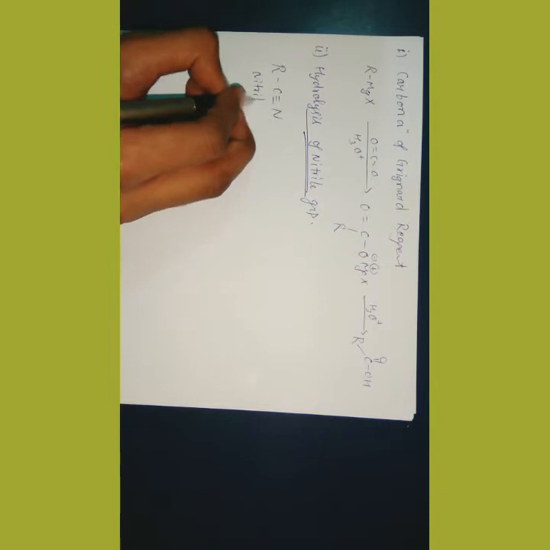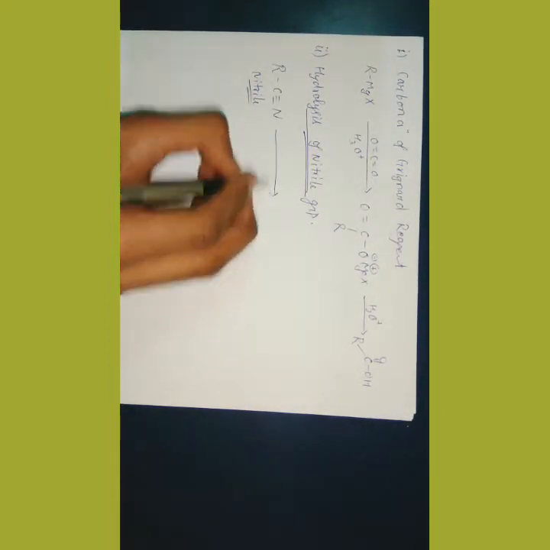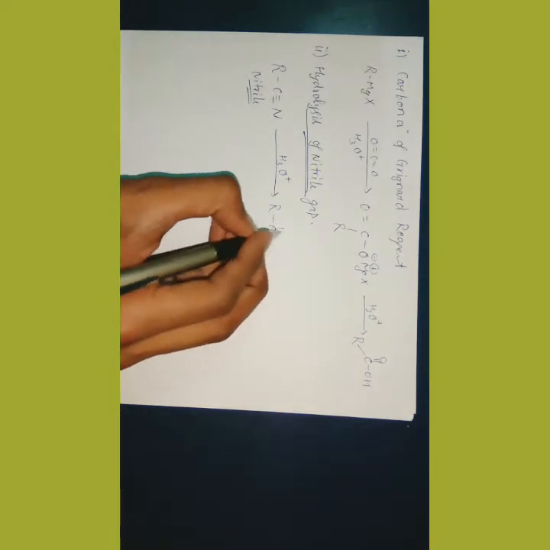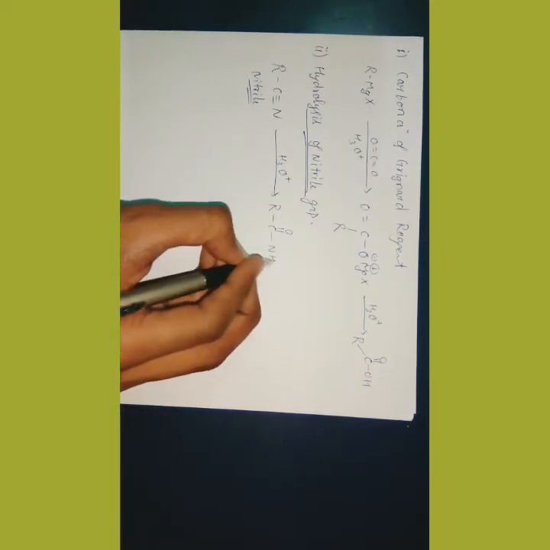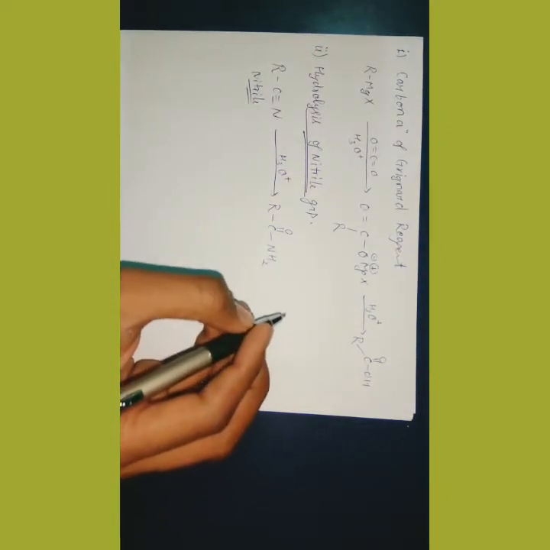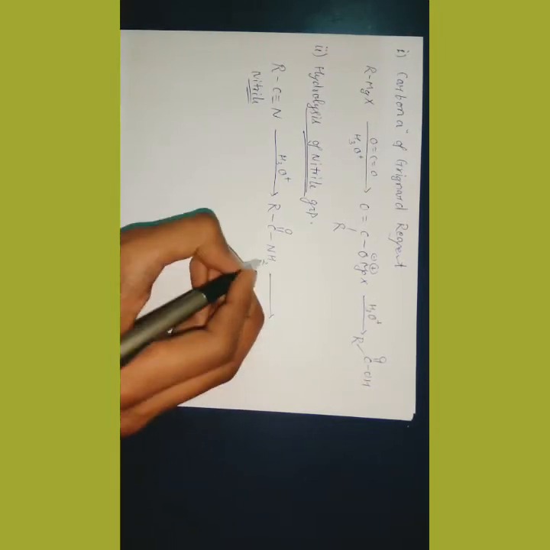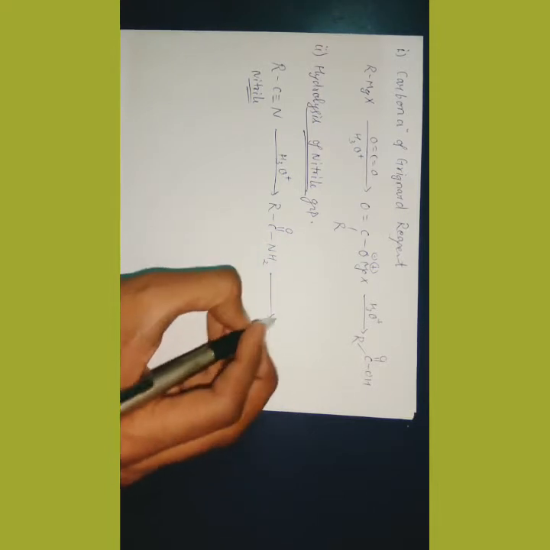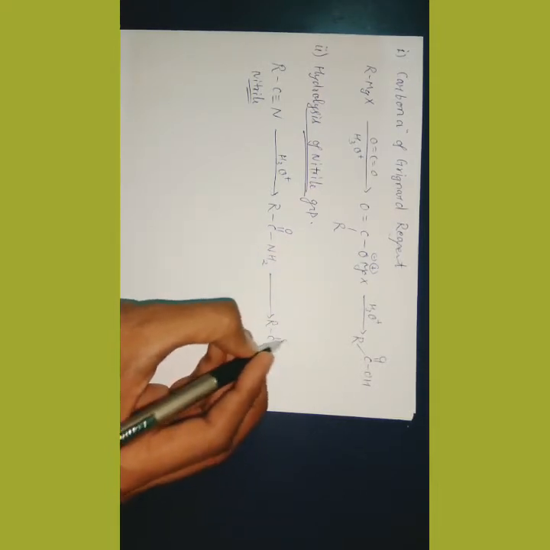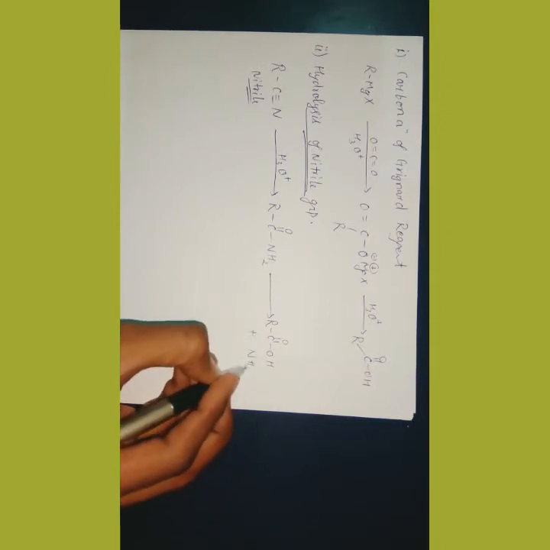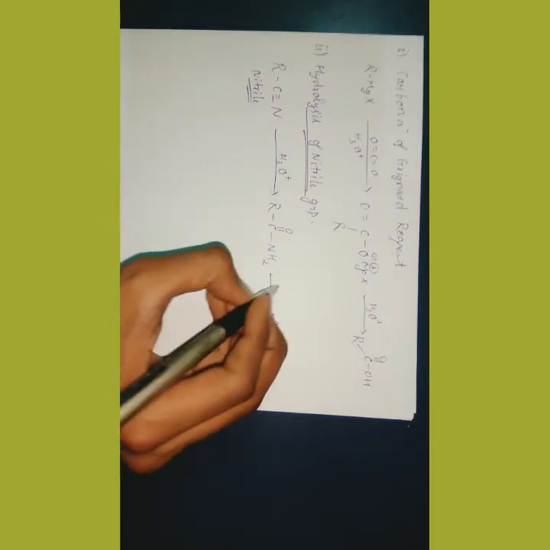On hydrolysis, nitrile gives a primary amide, a derivative of carboxylic acid, and on further reacting, tautomerism occurs here, and it will give the carboxylic acid plus NH4 plus, the ammonium ion. Here tautomerism takes place.